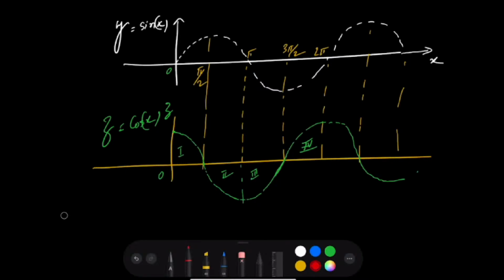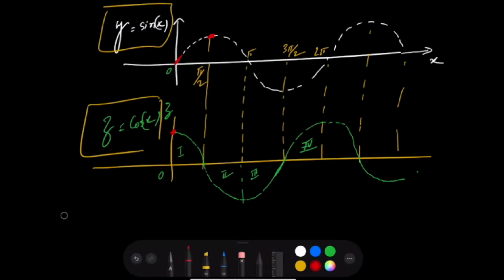Now, what is the derivative of sin x? It is cos x. That means the slope of this white graph should be equal to the value of the green graph. Here the slope is like, it is making 45 degrees, almost. So the slope is +1, so its value is +1.